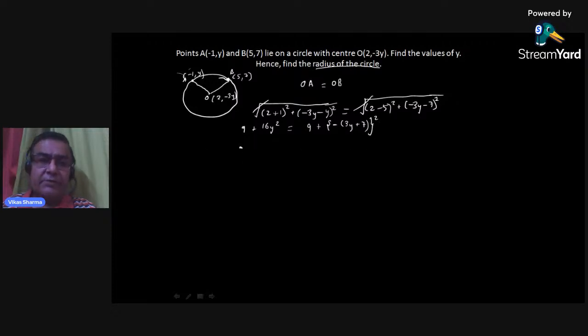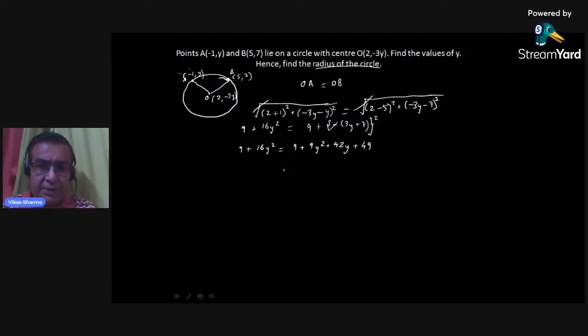So now it becomes simpler, that 9 plus 16y square should be equal to 9 plus the square of the negative will become a positive, so that gets cancelled anyway, and we are left with a plus b whole square. So this will then be equal to 9y square plus 3 times 7 is 21, 21 times 2 is 42, so 42y, do not forget the 2ab, plus 7 square is 49.